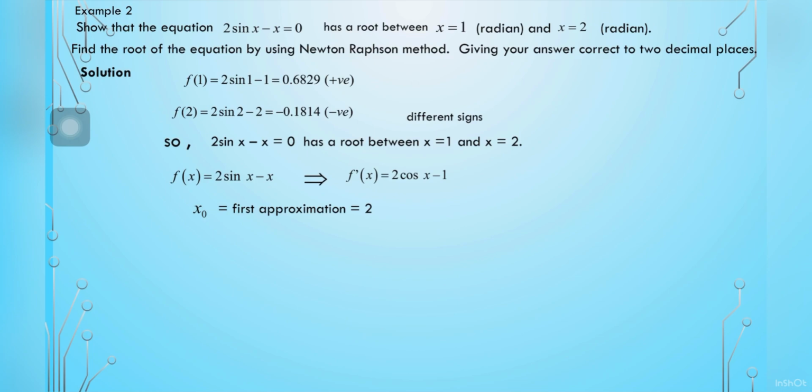For this example, I'm taking the first approximation x0 as 2. And then I'm going to put this value 2 into the formula.